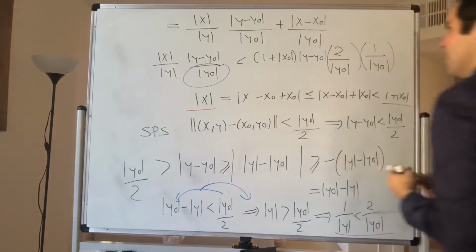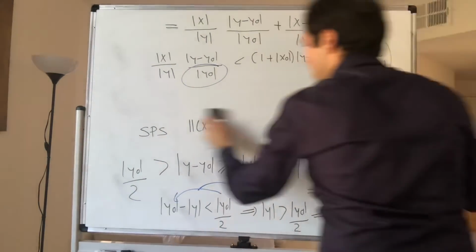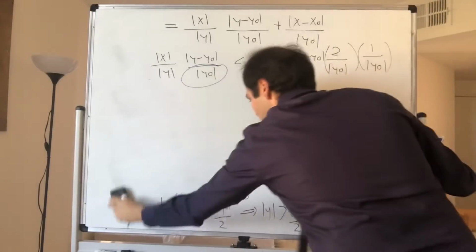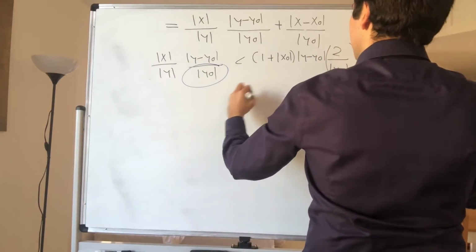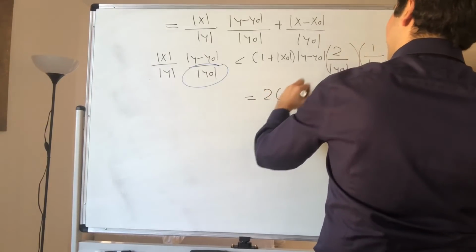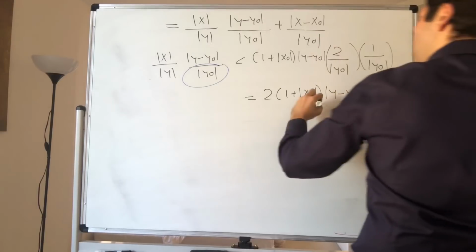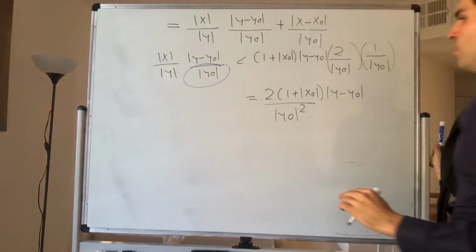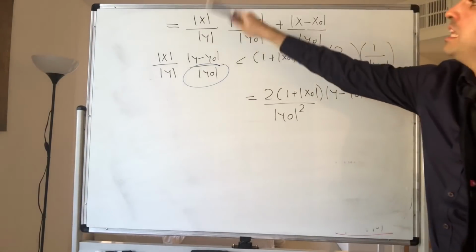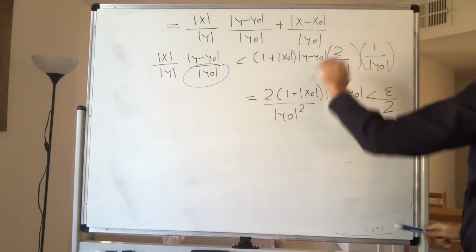All right, and that simplifies to the following. So this becomes 2 times 1 plus |x naught| times |y minus y naught| over y naught squared. And what we want this to be less than is epsilon over 2, because we have two terms here.